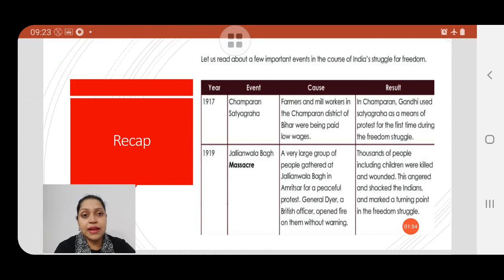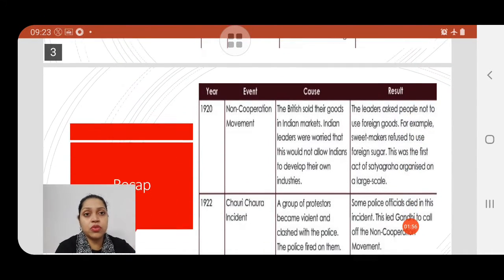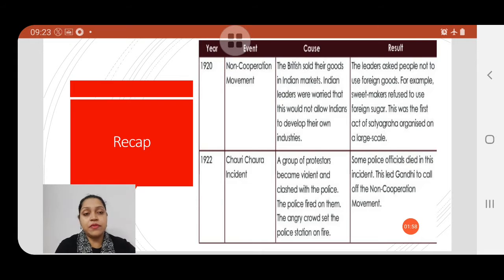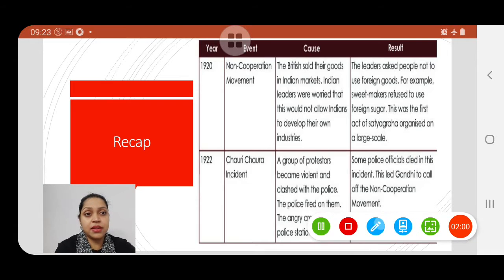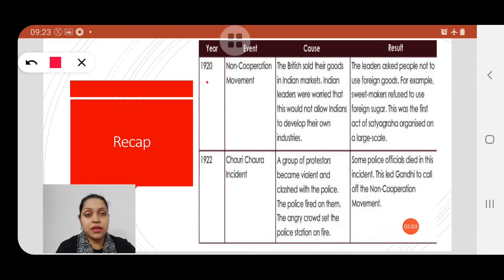So, next we'll go to the next two important events which we have studied. Non-cooperation movement. When did the non-cooperation movement take place? In the year 1920. So what happened? The British sold their goods in Indian markets.